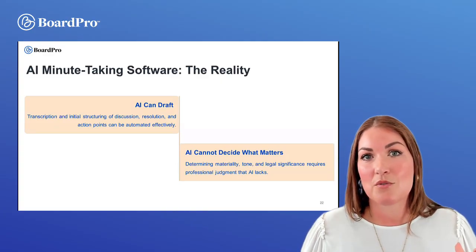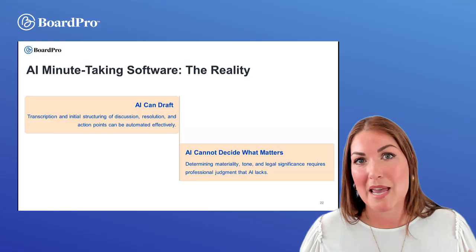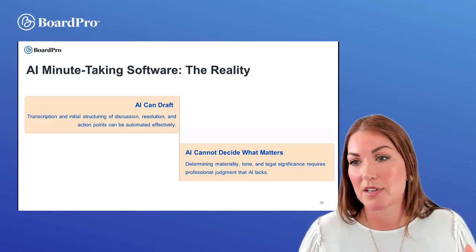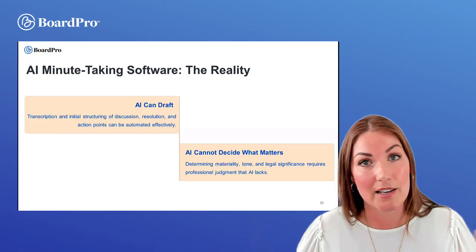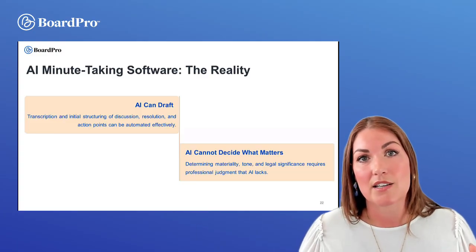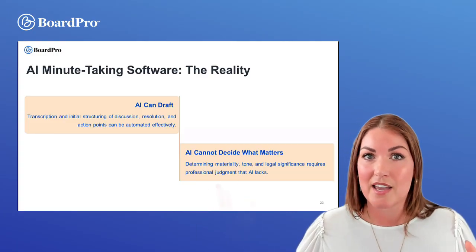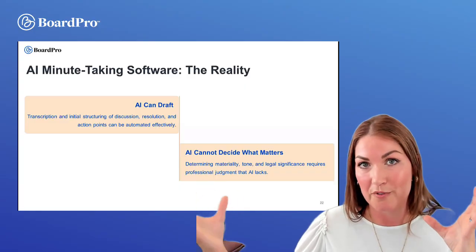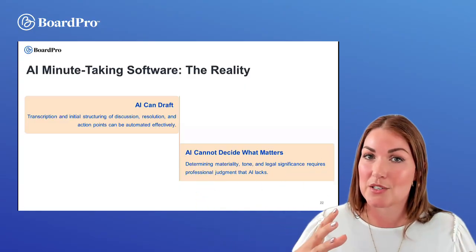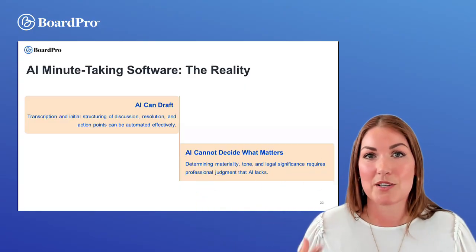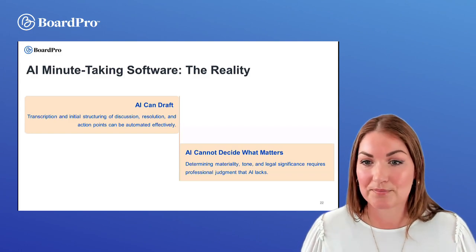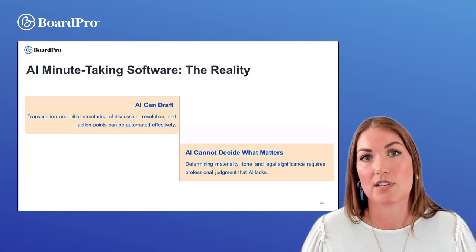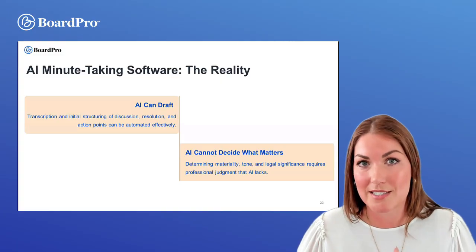And it doesn't always decide what matters the most, because most of these AI software tools are made in the States, in Silicon Valley, and they are trained on AI data that comes from that international worldview, but generally with a US bias on things. And it's not always going to be correct to what's relevant to you and your jurisdiction with your legislation. So I cannot stress enough that human judgment is essential.